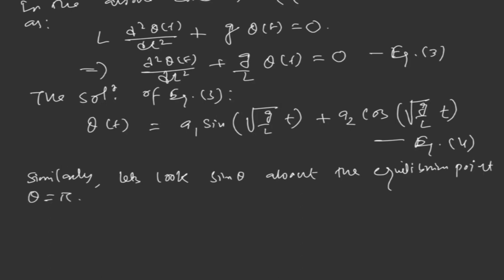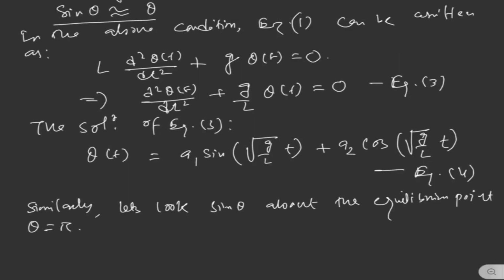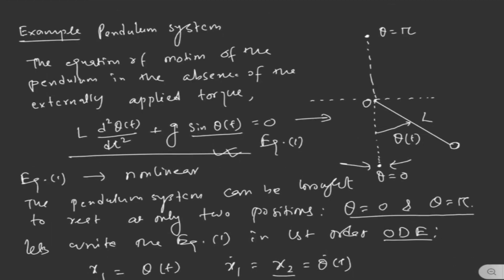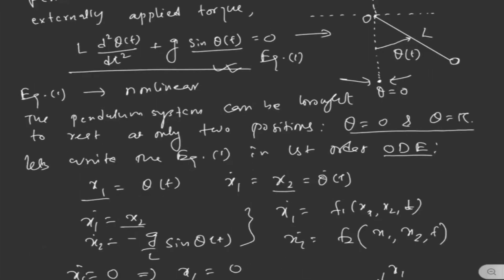Now here, suppose you displace the body, you displace this point with some perturbation, let me assume phi. Phi is some angular displacement from theta equal to pi.